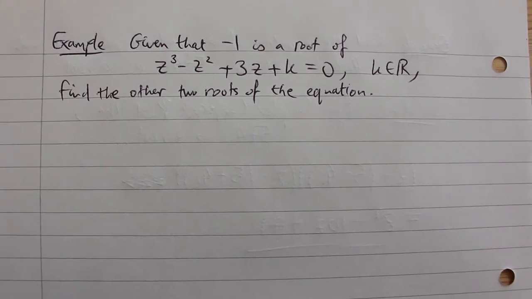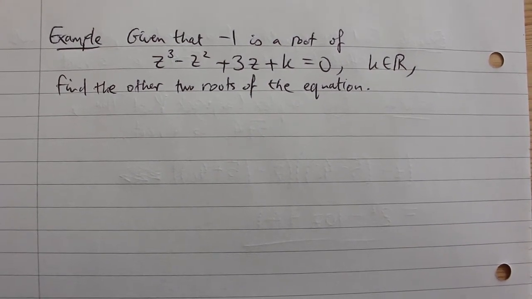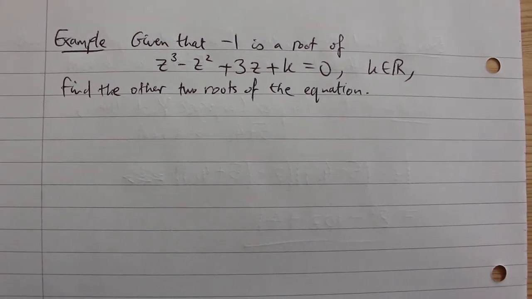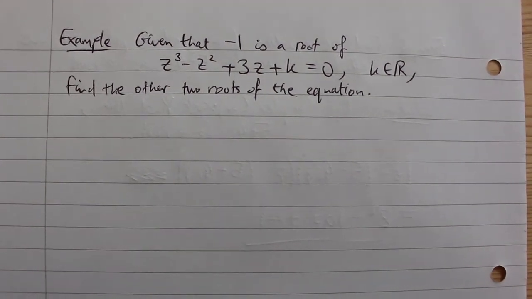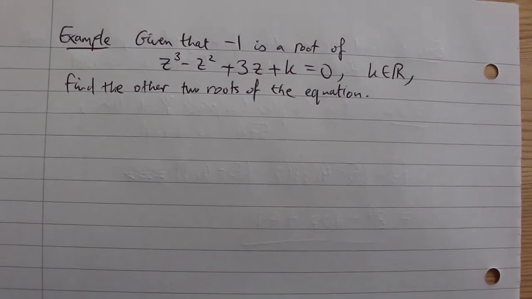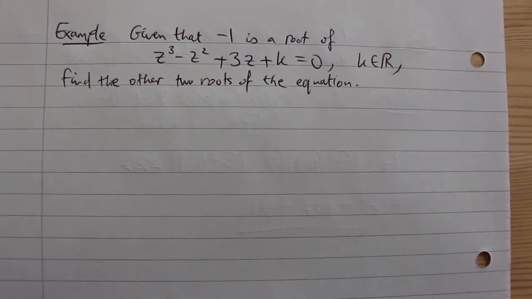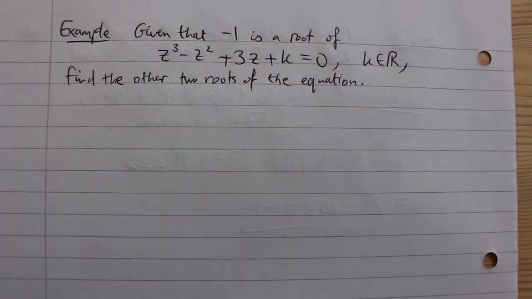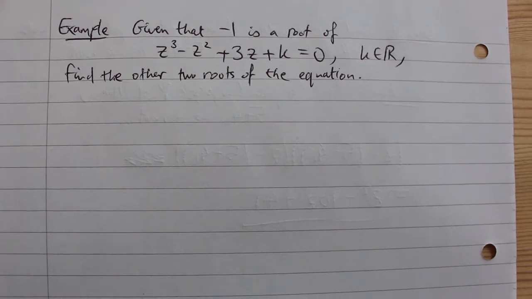In the next example, we're given that -1 is a root of z cubed minus z squared plus 3z plus k, where k is a real constant, and we're asked to find the other 2 roots of the equation. So firstly, k is a number we can work out, because we know -1 is a root.